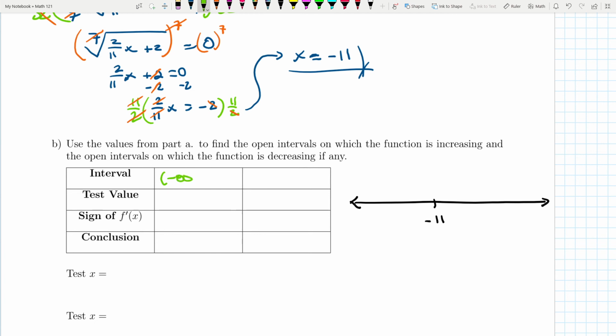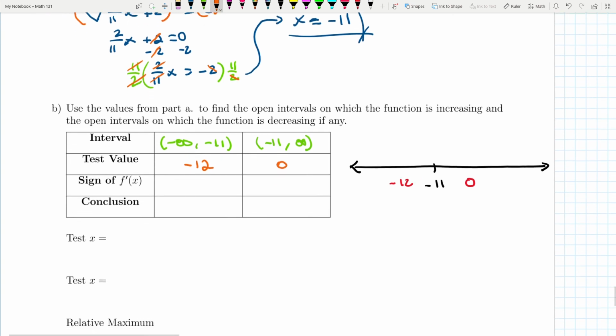This interval is negative infinity to negative 11, and the second interval is negative 11 to positive infinity. We are going to choose a test value. I'm going to use negative 12, and we can use negative 10. However, 0 would be an easy number over here. So the test values are negative 12 and 0.